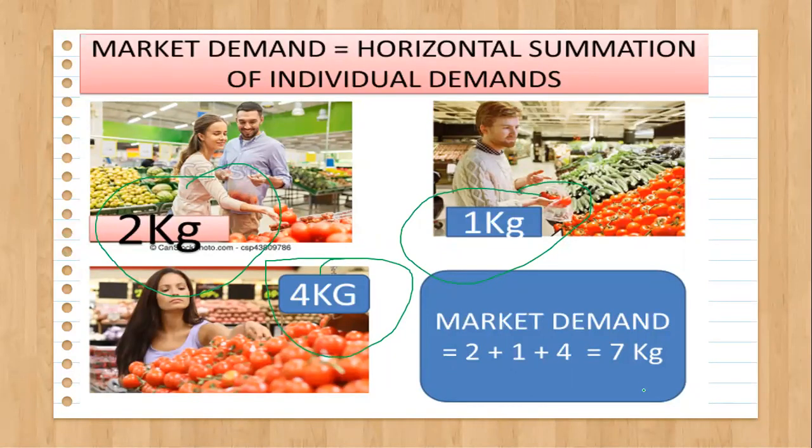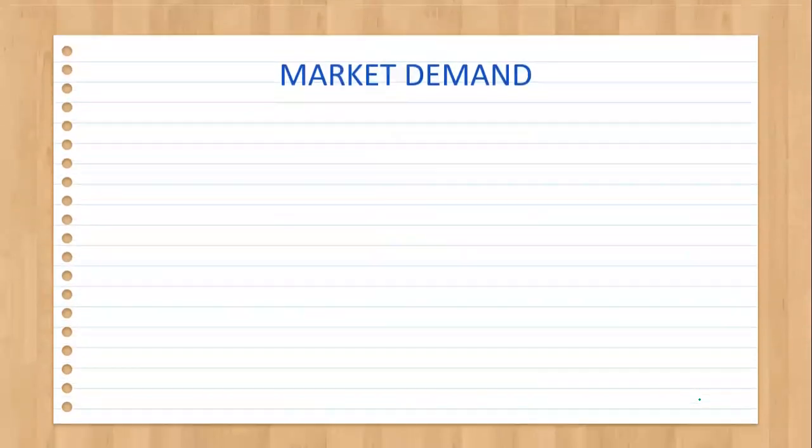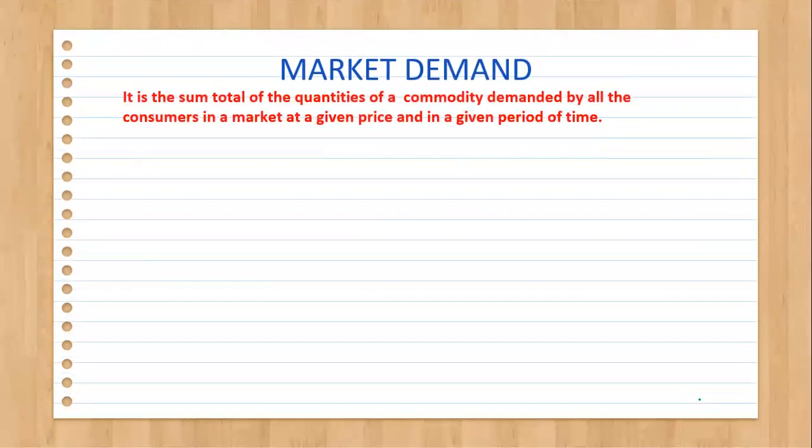So when we add all of them, we get 7 kg, which is our market demand. So market demand becomes the sum total of the quantities of a commodity that all the consumers are willing to purchase in a given period of time.